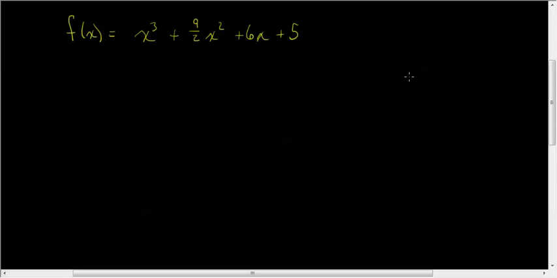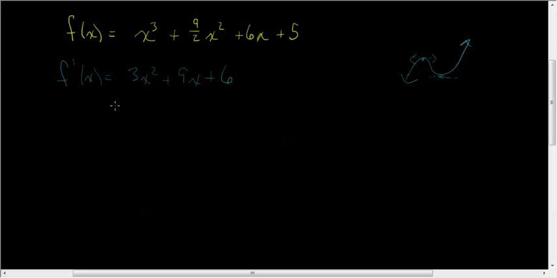It's a positive x cubed, so I know it's going to look something like that, right? I'm going to take the first derivative and figure out the x value of this point and the x value of this point. I want to find those 2 critical numbers. Alright, so the first derivative is 3x squared plus 9x plus 6.